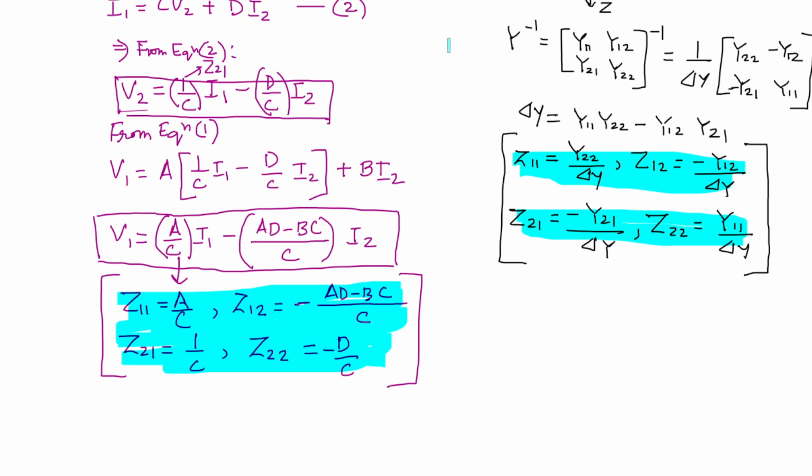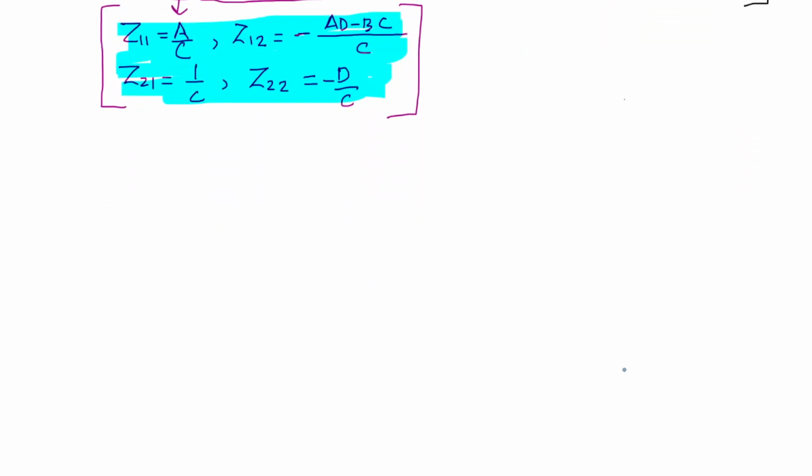So next we have another parameter, which is hybrid parameter. So fundamental equation of hybrid parameter, V1 is equal to H11 I1 plus H12 V2. And second equation is I2 is equal to H21 I1 plus H22 V2. So you mark these two equations as 3 and 4.